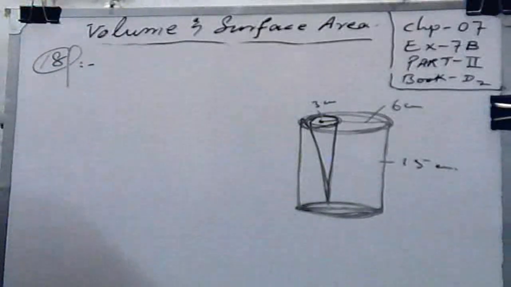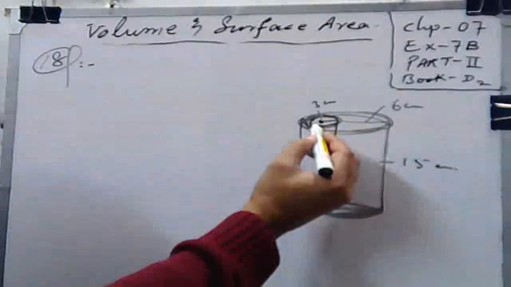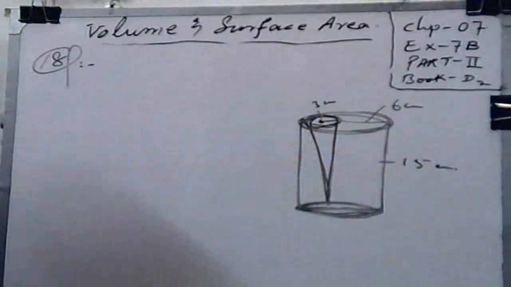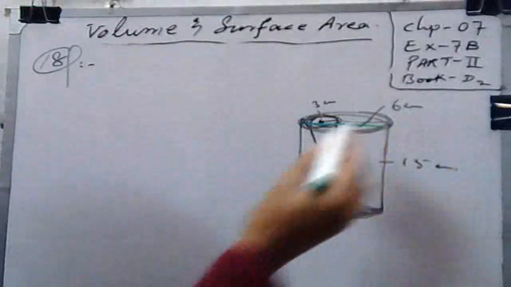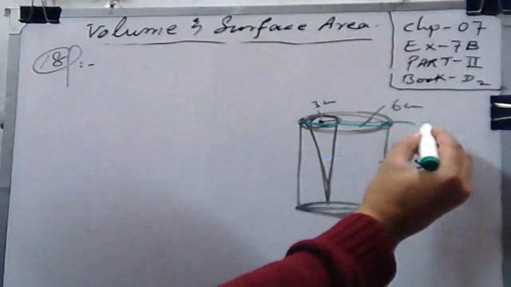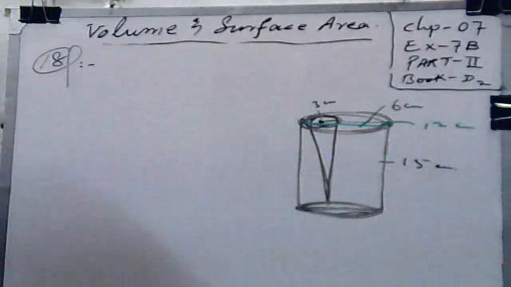First of all, the diameter of the cylinder is 12. The radius is 6, so if we consider the full diameter, it becomes 12 centimeter, because 6 plus 6.